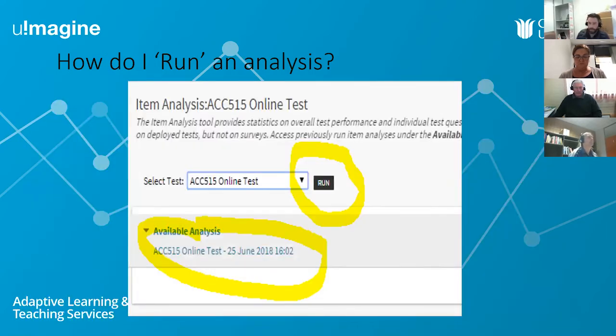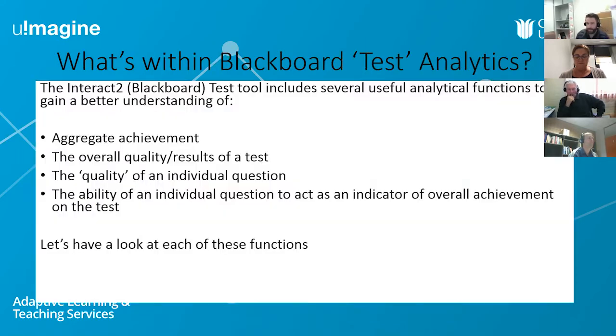Again, just to really drill in for those people who are watching on recording particularly, but that you can then click on that. Once you do what's called running the analysis, you can then obviously see the result there, and it opens up a wealth of information for you to have a look at, which we'll get into now.